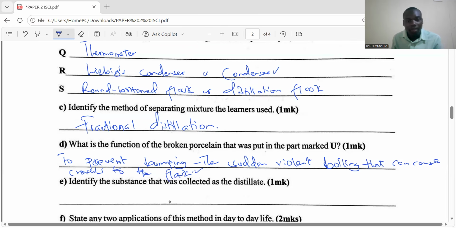Are you getting that? Yes, so prevent bumping, the sudden violent boiling that can cause cracks to the apparatus.